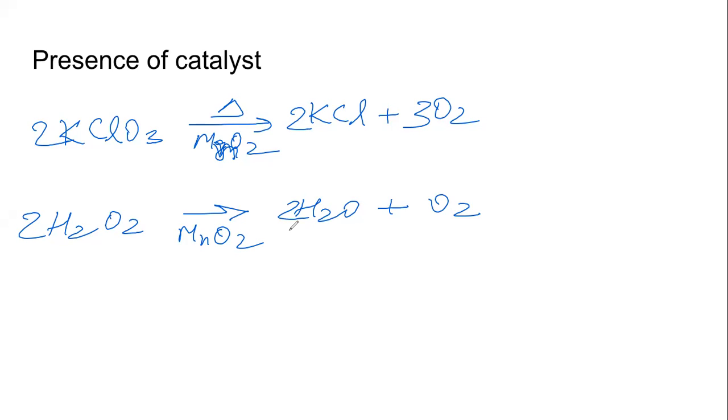The most important thing to be noted here is, although manganese dioxide or whichever the catalyst is, they change the speed of the reaction, they themselves do not take part in the reaction. वो बस वहीं पे रहते हैं. They just help in a physical way. They help the reaction happen in a physical way.